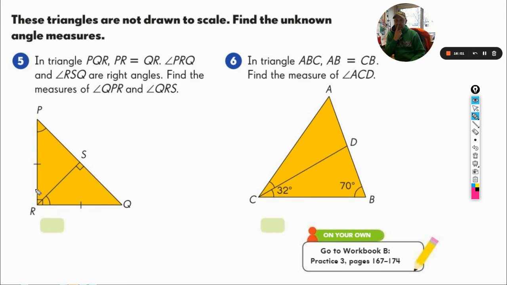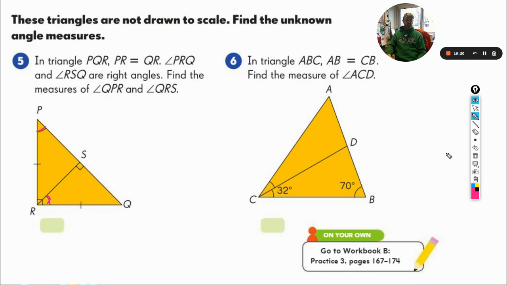In triangle PQR, PR equals QR, and then PRQ is a right angle. Find the measures of QPR and the measure of QRS.